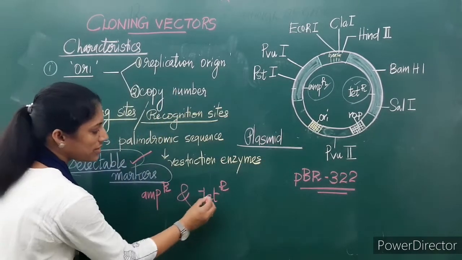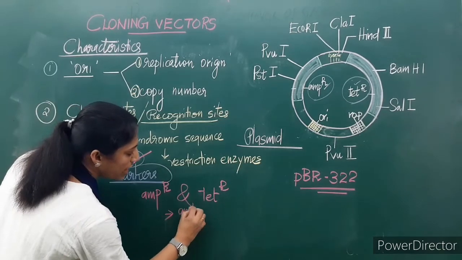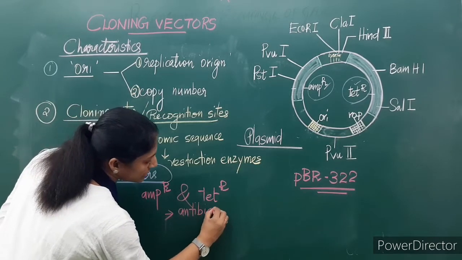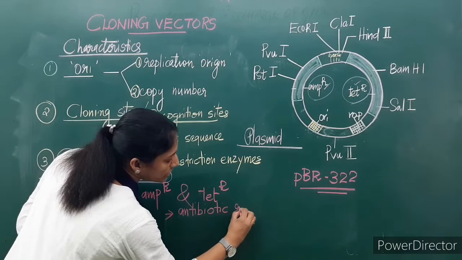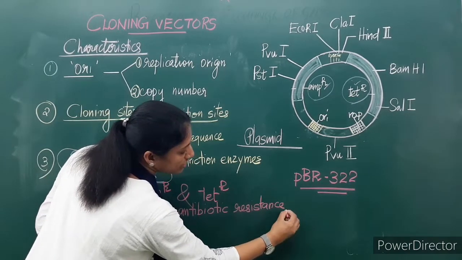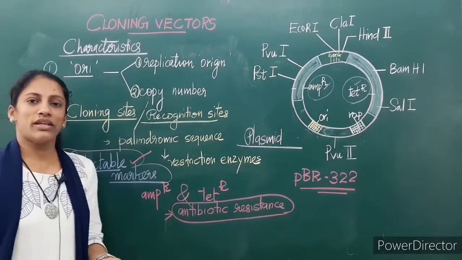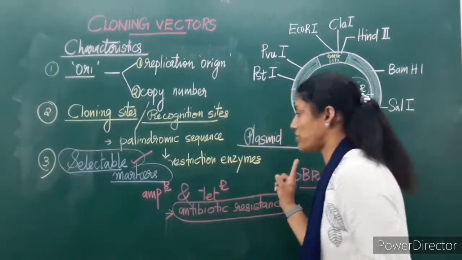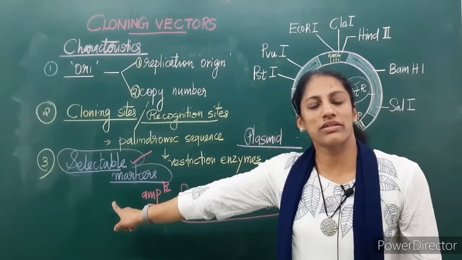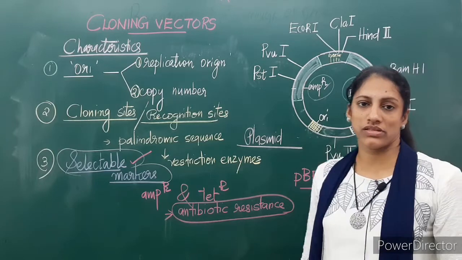Both ampicillin and tetracycline are what? Antibiotics. So we can say antibiotic resistance is considered as the selectable marker here. We will elaborate on this. Just understand, in pBR322, the selectable markers are ampicillin resistance and tetracycline resistance.